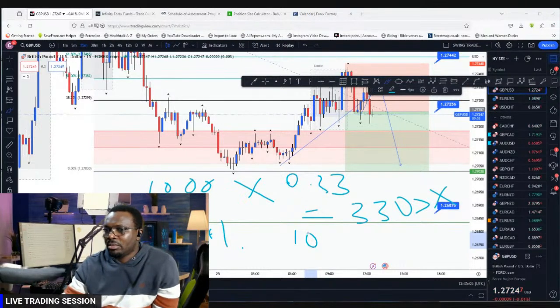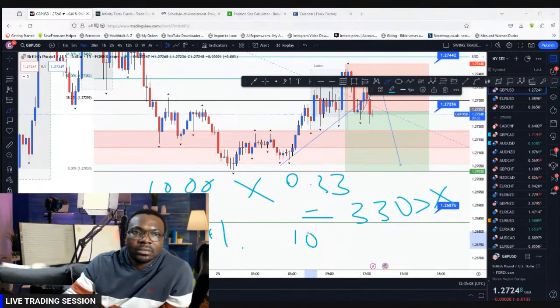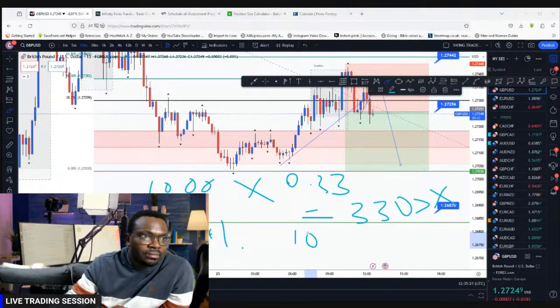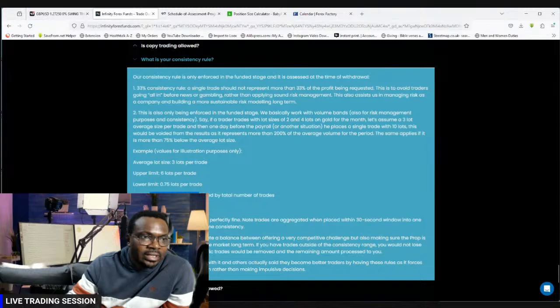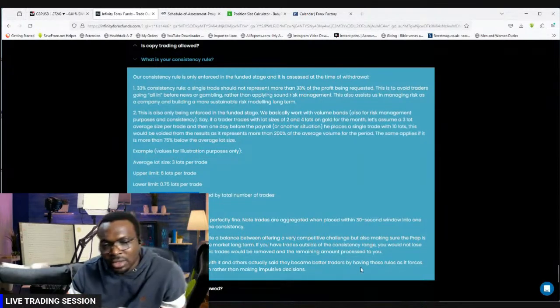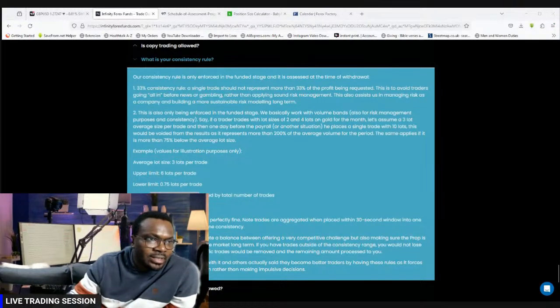Just a minute, let me pull out my calculator to help you. So you can see my calculator here. Let's say you have 10 total lot size, and your number of trades was 50. So they say total lot size traded divided by total number of trades.